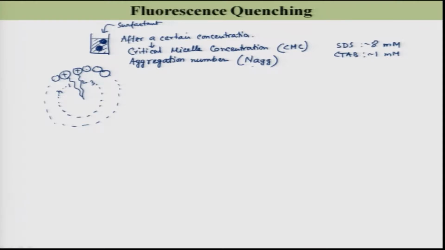There are several methods for the determination of the CMC. For example, the surface tension of the air-water interface will keep on changing as you add the surfactant, but after the CMC it will remain the same.